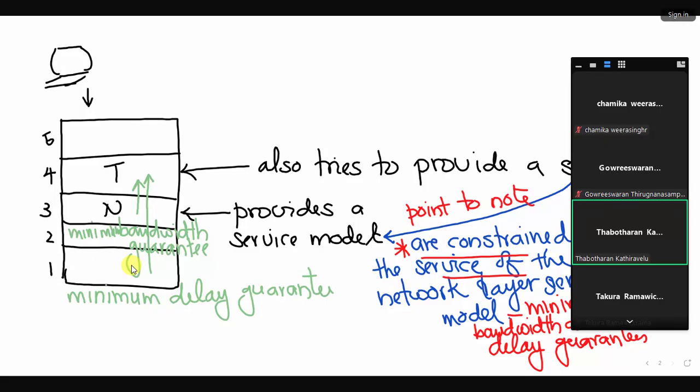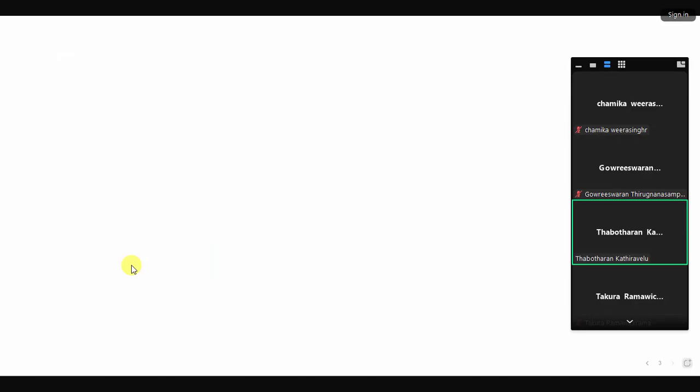In spite of all these, even if the network layer cannot guarantee some, the transport layer is still trying to provide some kind of guaranteed services. So it is also important to note this.